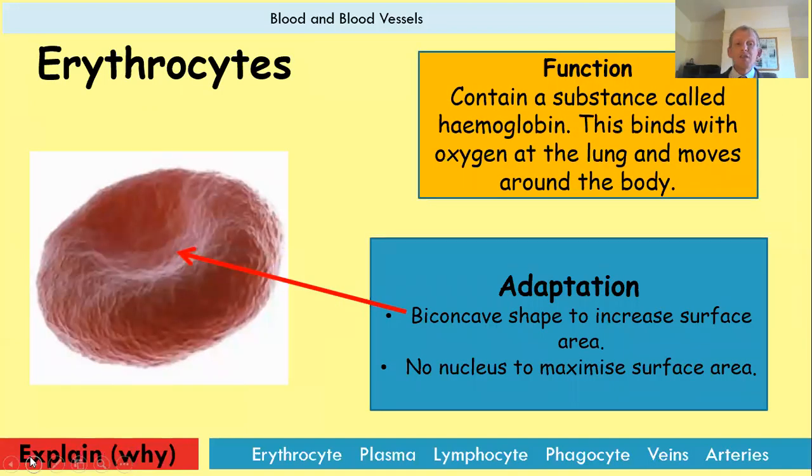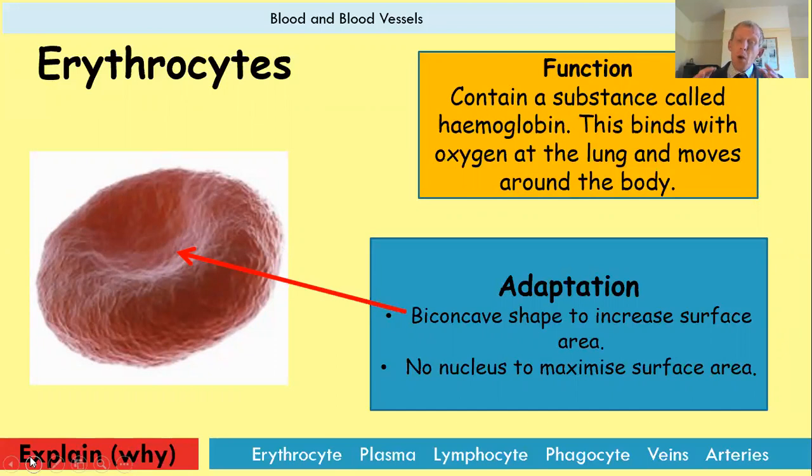Now we're going to move on to erythrocytes. These are the red blood cells, and you can always tell them because they look very distinctly red. Erythrocytes contain a substance known as hemoglobin, which is an amazing chemical, and what it does is bind onto oxygen.